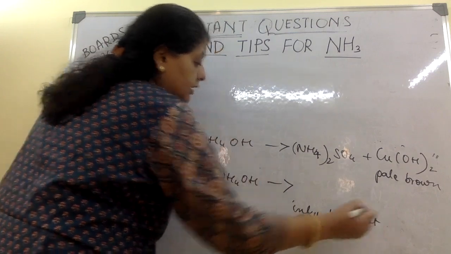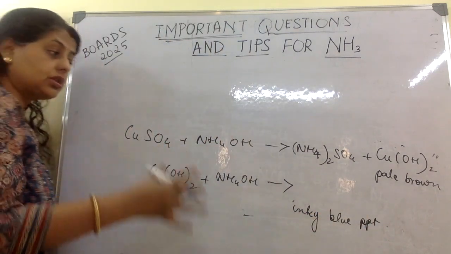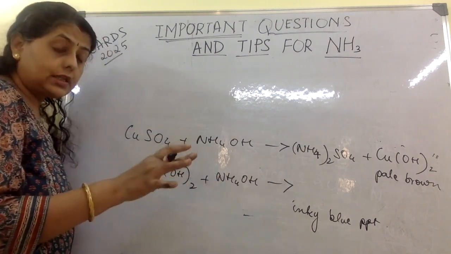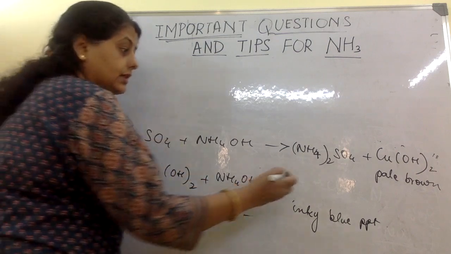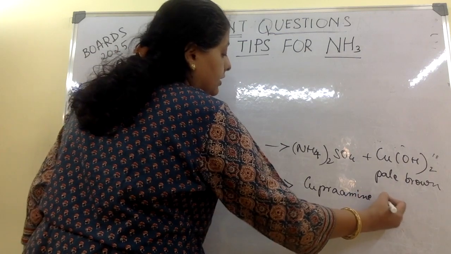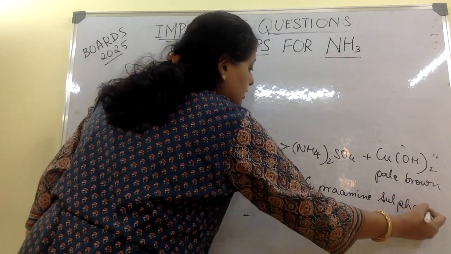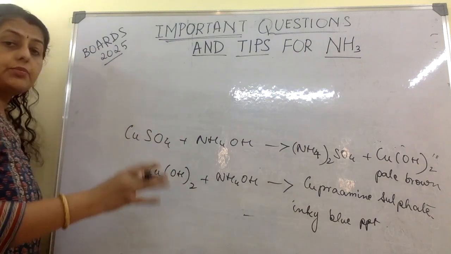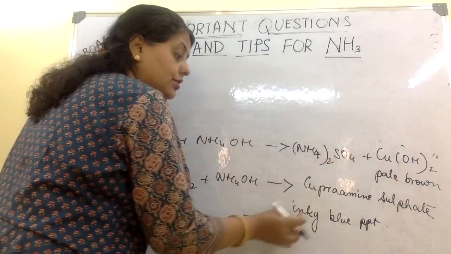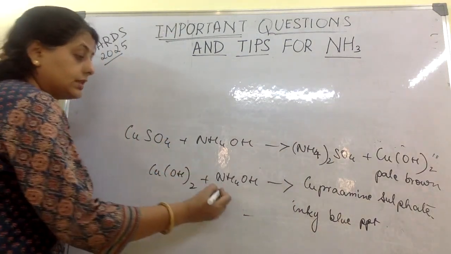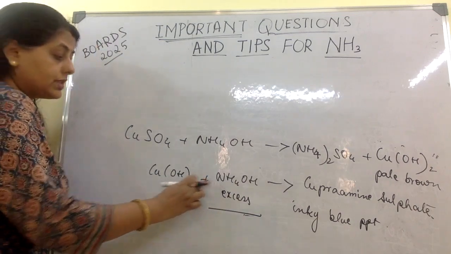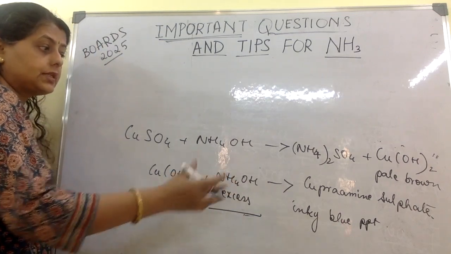I am not writing the name of the precipitate. It's not necessary because it is not in your portions. But till inky blue you should know, and that is cuprammonium sulphate. Even this name is not necessary, but I just wrote inky blue precipitate is given out. So from this pale blue it turns to inky blue when NH4OH has been used in excess. More of it reacting with the copper hydroxide creates this.